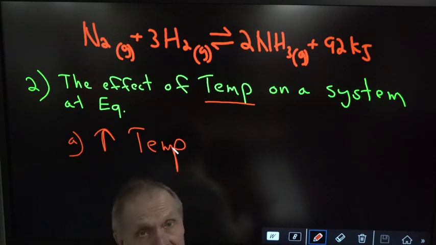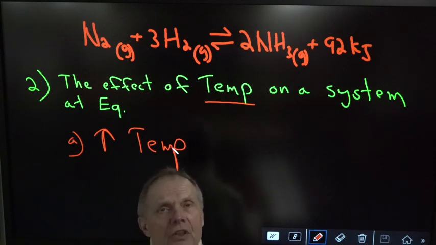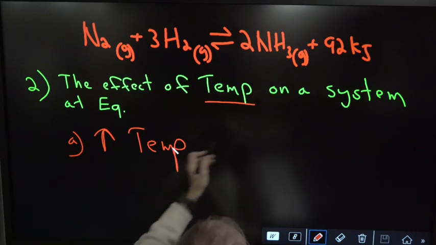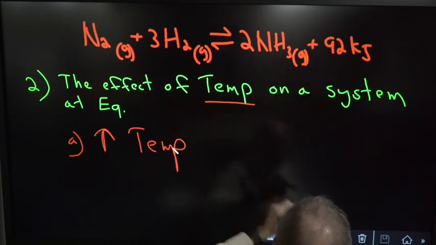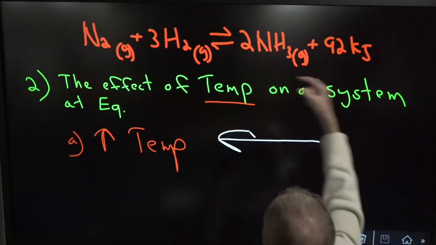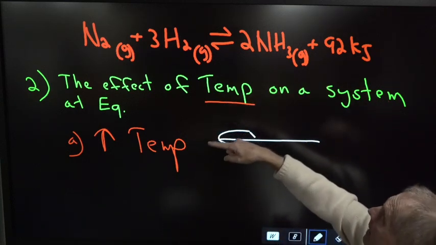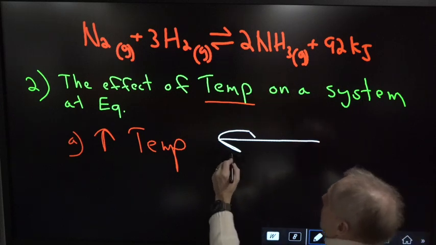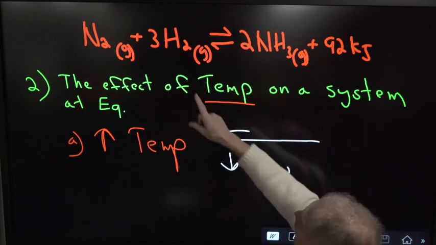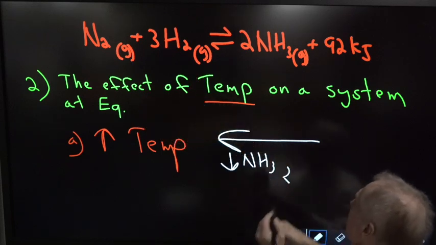Okay, so whatever side the energy's on, if I increase it, it's going to go away from that energy. So in this case, if I increase the temperature, there's energy. The reaction will fire this way. And what'll happen? NH3 will decrease. H2 and N2 will increase.